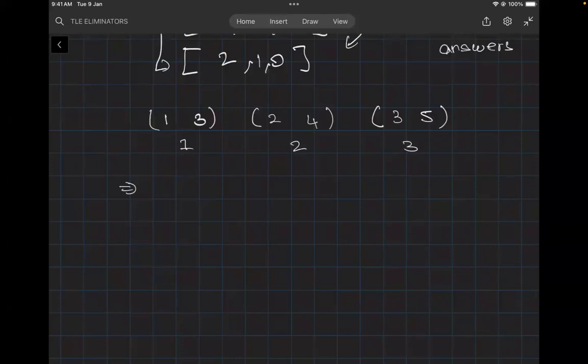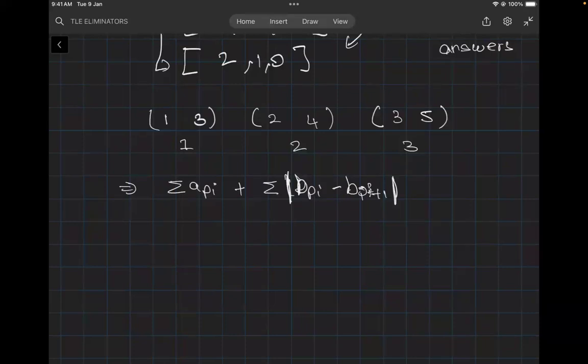What are we asked to calculate? We are asked to calculate summation of A of Pi, okay, plus summation of absolute B of Pi minus B of Pi plus 1. Okay, this is what we are asked to calculate.